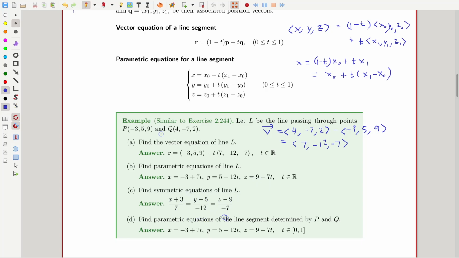And then for the last part, we want the parametric equation of the line segment determined by P and Q. So just the line segment, not the full line. Notice that all we actually end up doing is fixing t. Well, we restrict the values of t. Initially t could be all real numbers. We restrict that down to just the interval 0 to 1.